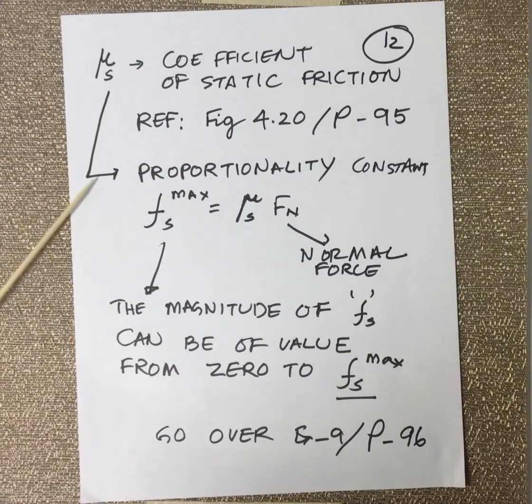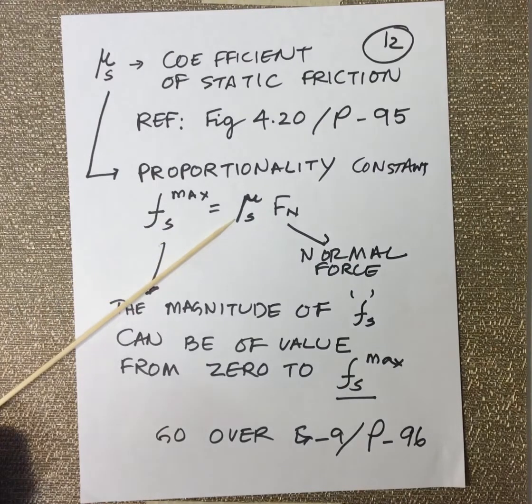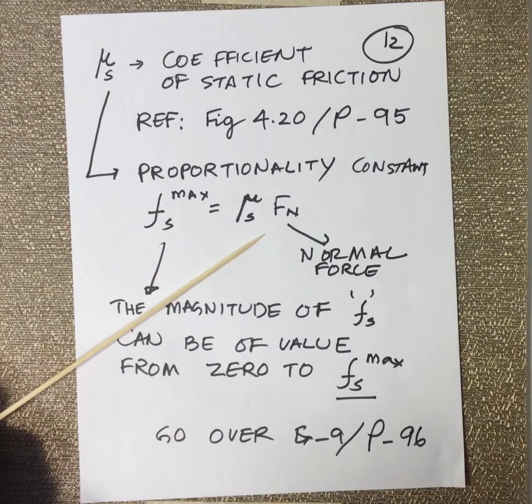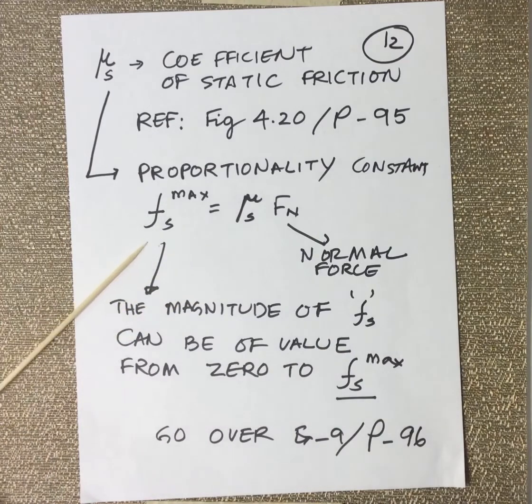This is the constant of proportionality, where you have the frictional force Fs max equals mu s times the normal force. So frictional force is a part of the normal force, a component. It can go from 0 to a maximum value depending on the situation, depending on the problem you solve, rather.